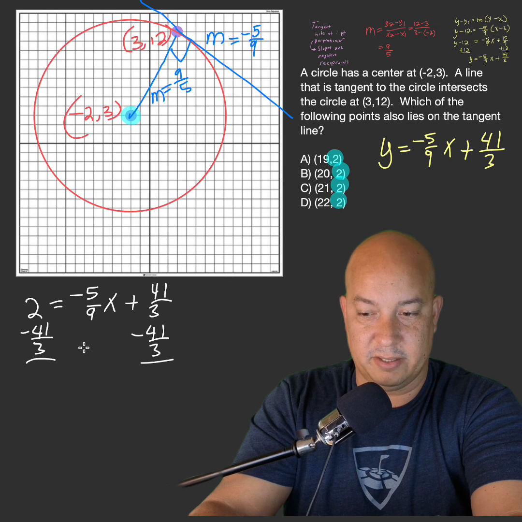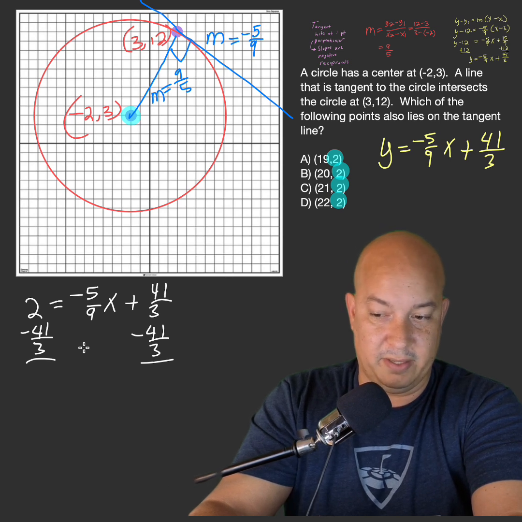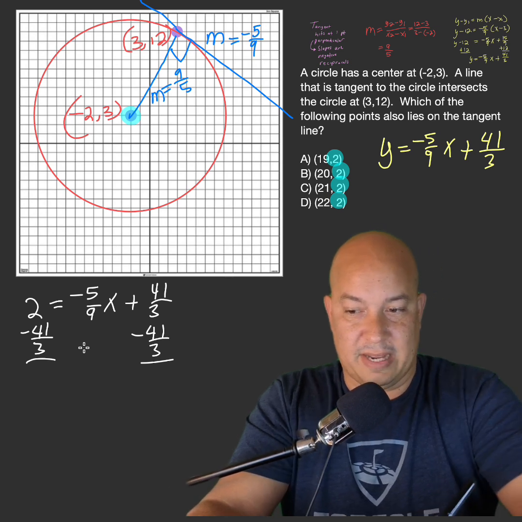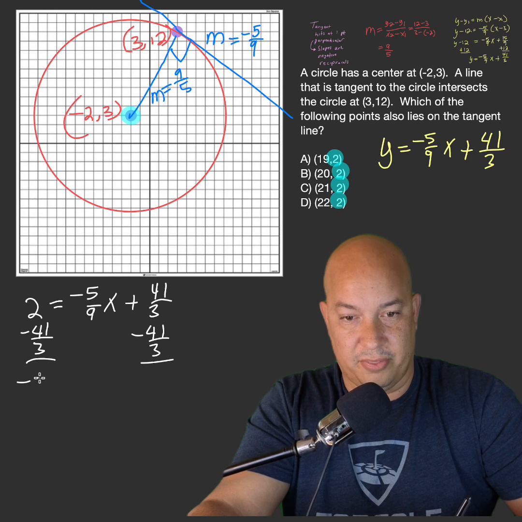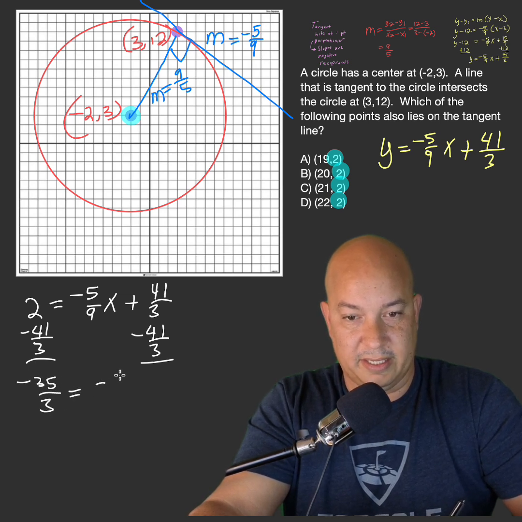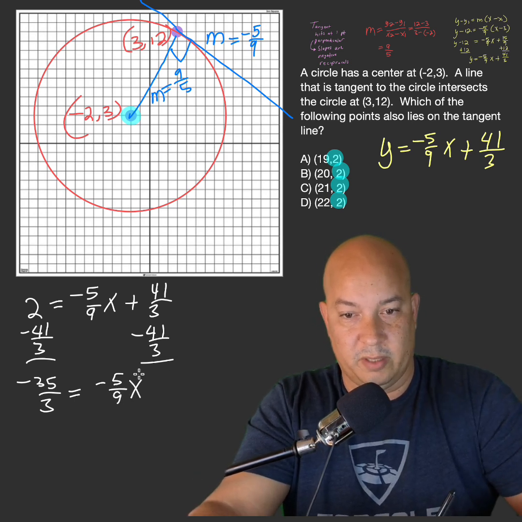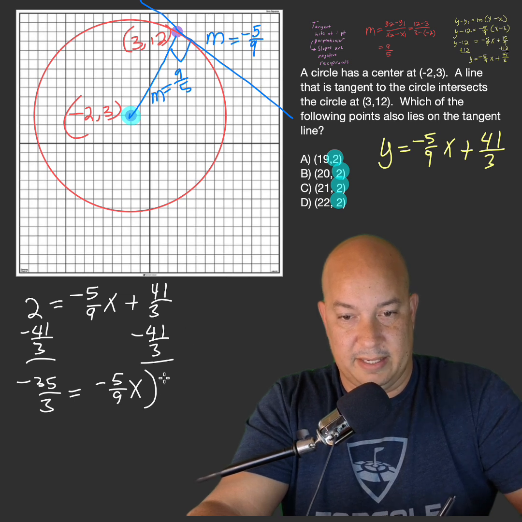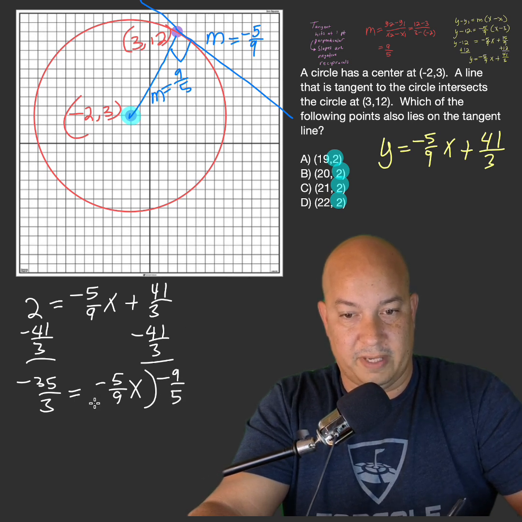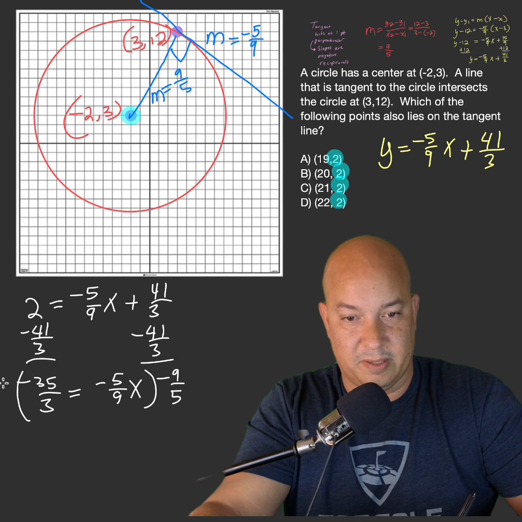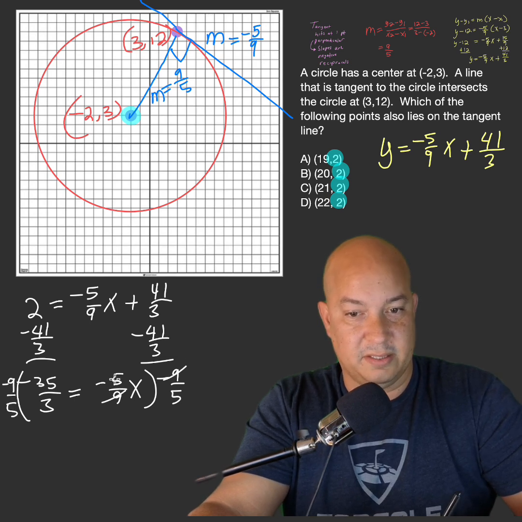So 2 minus 41 divided by 3 as a fraction, that's -35/3 equals -5/9x. Now, to get the x by itself, we can multiply both sides by -9/5.